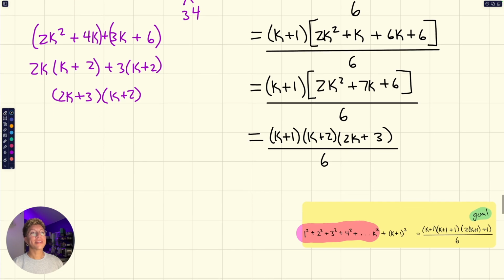And if we really want to, we can do one final step, and we can say this is k plus 1 times k plus 1 plus 1 times 2k plus 1 all over 6.